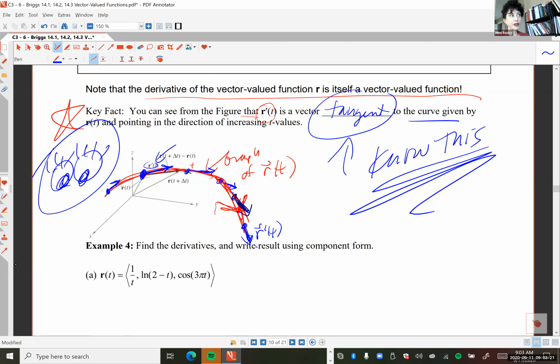And if you don't understand this, when we do some applications of vector valued functions, which is probably going to happen in the next week, involving projectile motion, and that's where I think your midterm is going to have 14.3 on it. That's going to be projectile motion. You have to get that your derivative for the projectile motion function is going to be tangent to the line of motion, essentially. And this is where I'm going to catch some of you again, and I mentioned this Wednesday, but I'm going to mention it again.